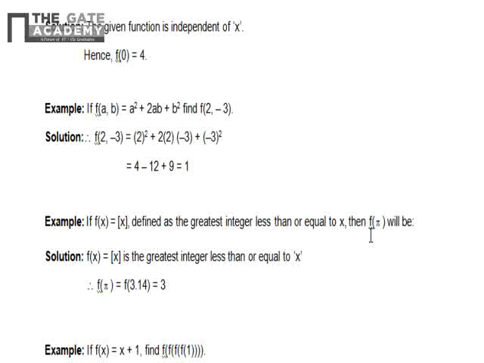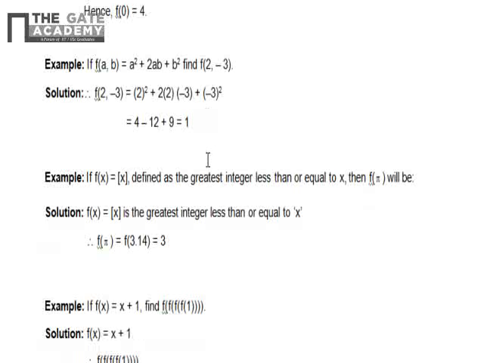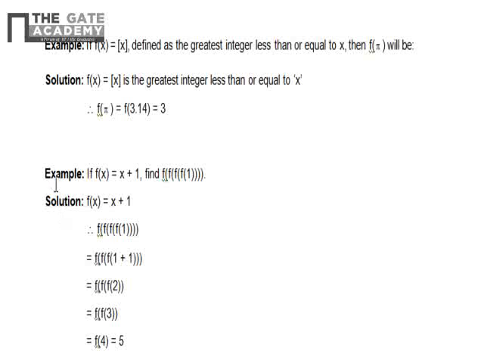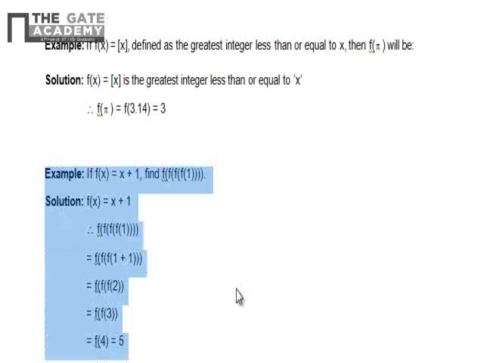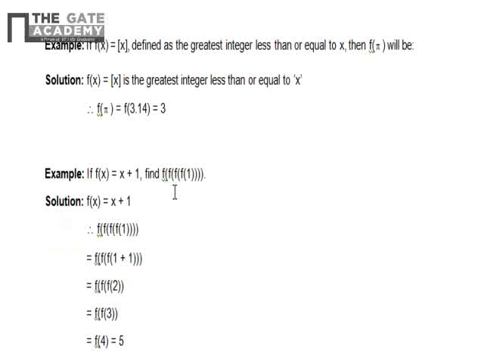So the value of the function will be the greatest integer less than or equal to 3.14, that means 3. The value of the function will be 3. This is very simple. If f(x) is equal to x plus 1, then you have to find f of 1. So you have to keep putting the value of x and you'll get the answer, and the final answer will be 5.